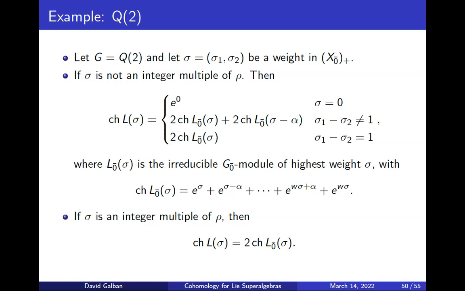If sigma is not an integer multiple of rho, then the formula is given by these conditions, where L_0 of sigma is just the irreducible G_0 module of highest weight sigma. Really this is coming from GL2 theory. And if sigma is an integer multiple of rho, then the character of L of sigma is just twice the character for the ordinary case.